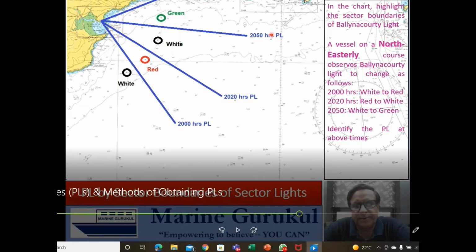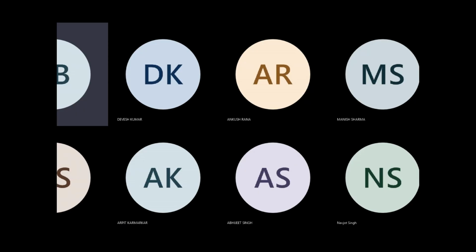Okay, let me show you this light actually on the chart. How does this look like? We can zoom in and see it clearly. Just give me 1 minute, I'll open it up.